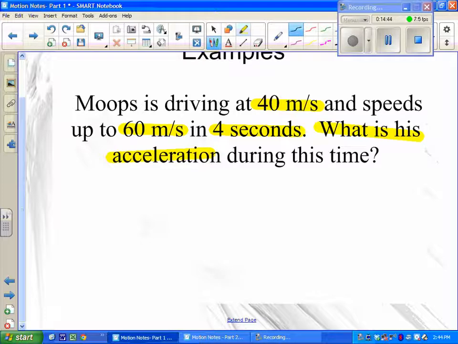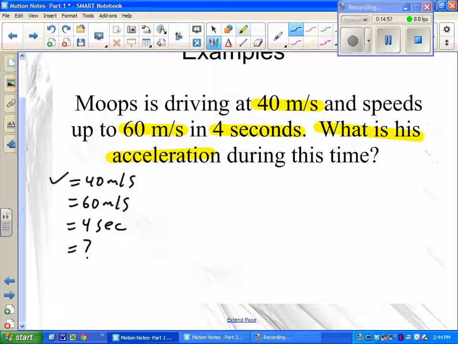I have 40 meters per second, 60 meters per second, 4 seconds, and a question. So meters per second is a velocity. So those are both velocities. Seconds is a time, and I'm trying to find what is the acceleration.